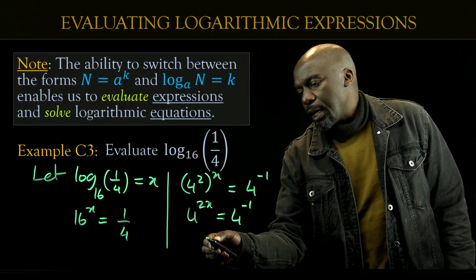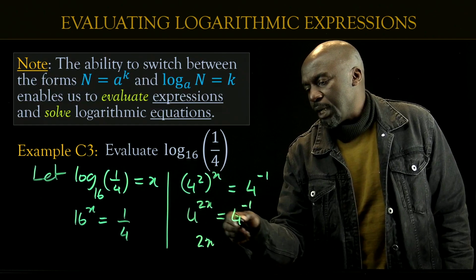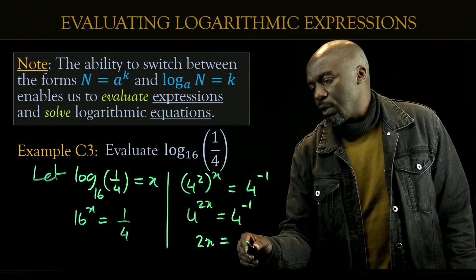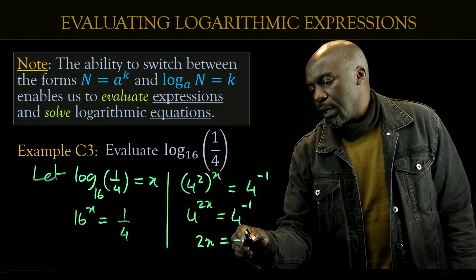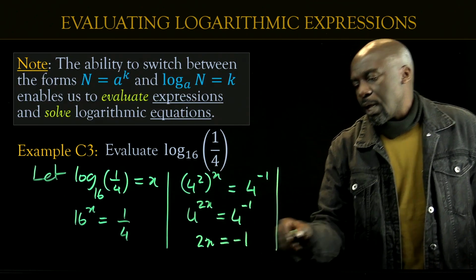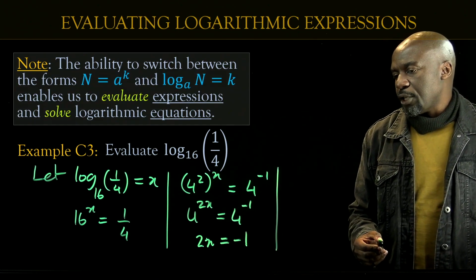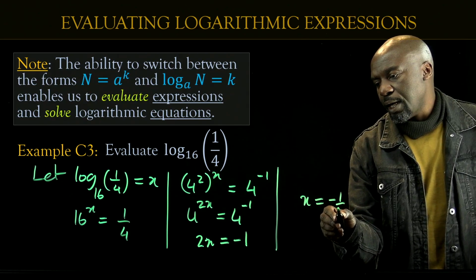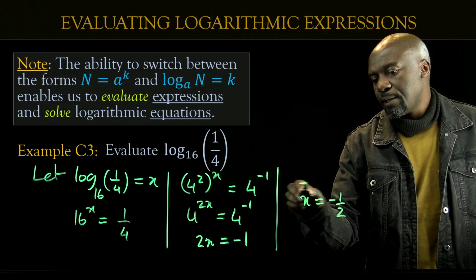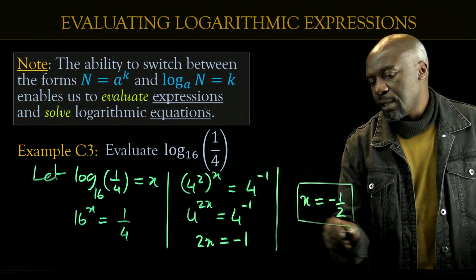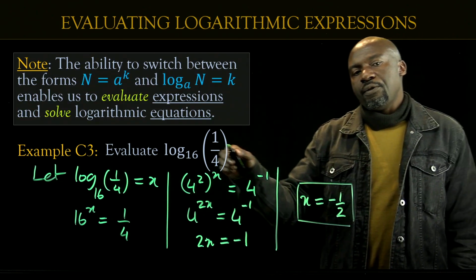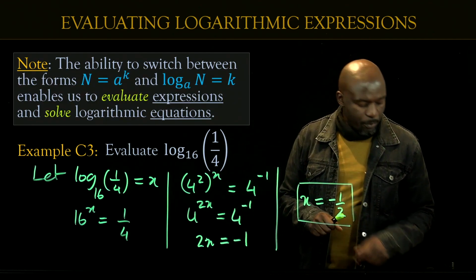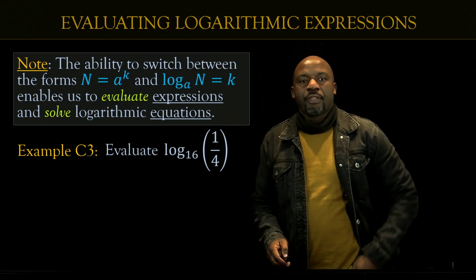Since the bases are the same, the exponents must be the same, so 2x must be equal to negative 1. We divide both sides by 2 and we have x is negative 1 over 2. That is the value of this expression. We have evaluated that expression. I think we can move on.